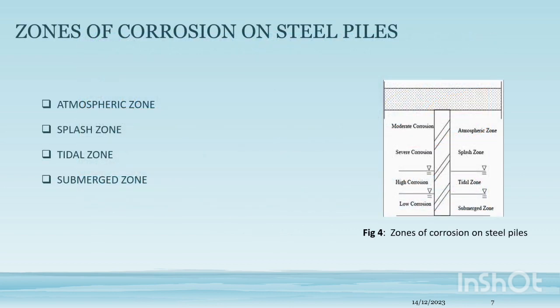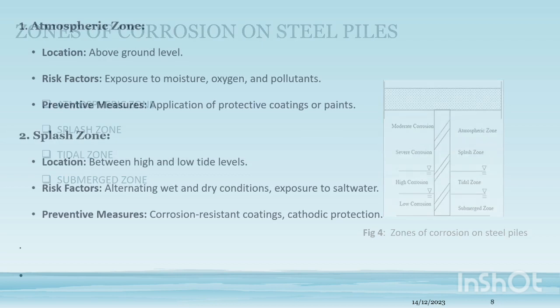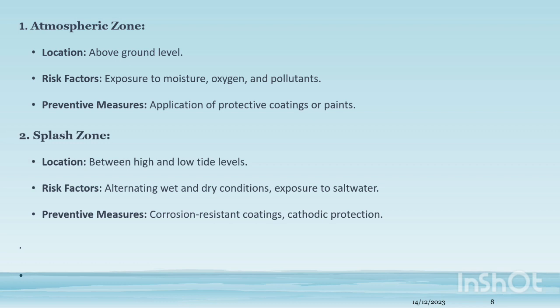Zone of corrosion on steel pipe: atmospheric zone, splash zone, tidal zone, submerged zone. Now, atmospheric zone. Location: above ground level. Risk factor: exposure to moisture, oxygen, and pollutants.